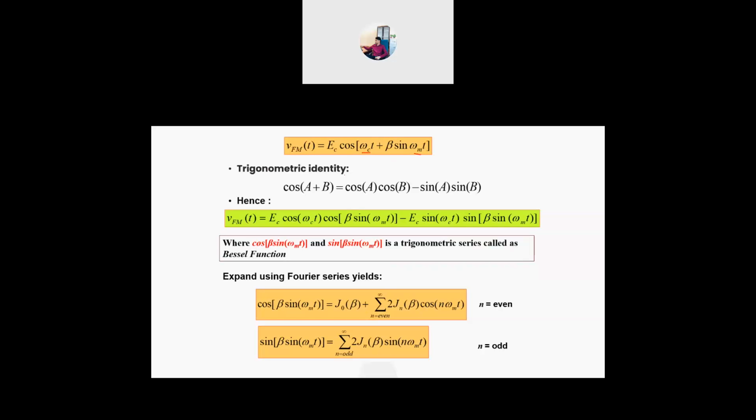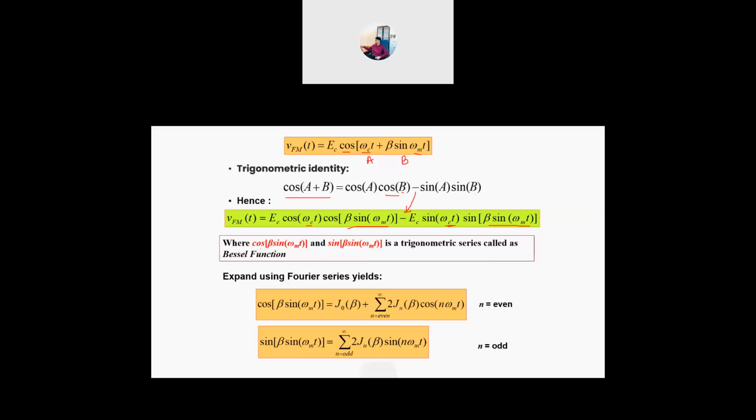Using the trigonometric identity, also given in your appendix, cos(A plus B) equals cos A cos B minus sin A sin B. Expanding further, the first term is taken as A and the second as B. So cos A cos B is cos(omega c t) times cos(beta sin omega m t), then minus sin(omega c t) times sin(beta sin omega m t).